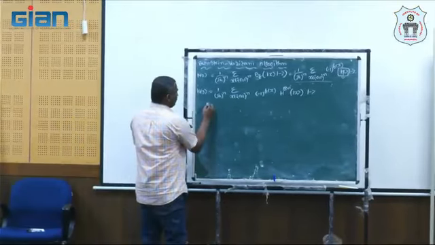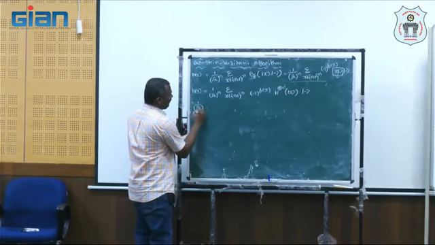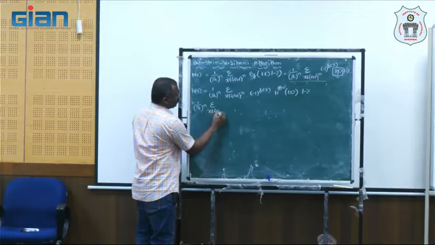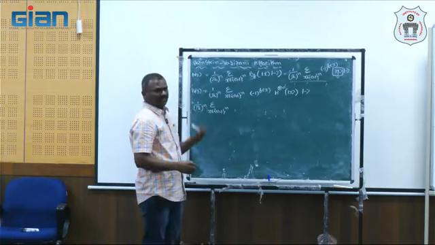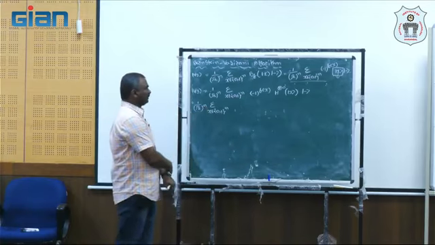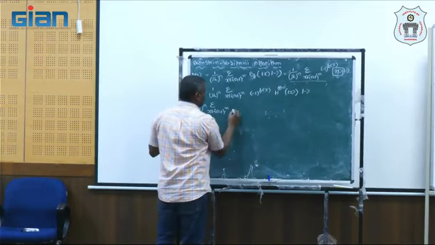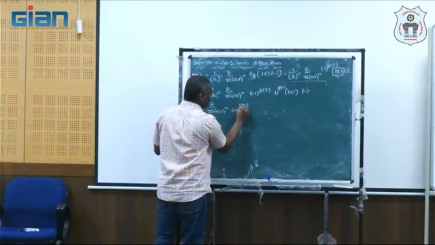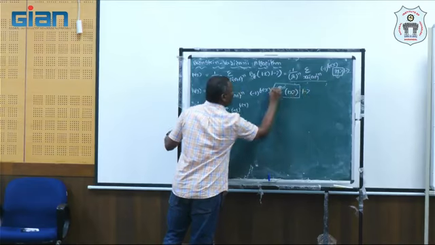Now, can you tell me what is this value? 1 by root 2 whole power n, sigma x belongs to 0 1, some x is given to us. Minus 1 whole power f of x as it is. Again we will change this; we know what f of x is also. Now what is this value?